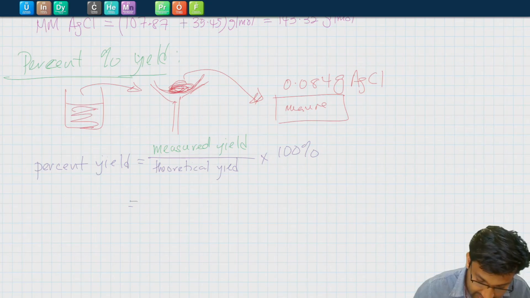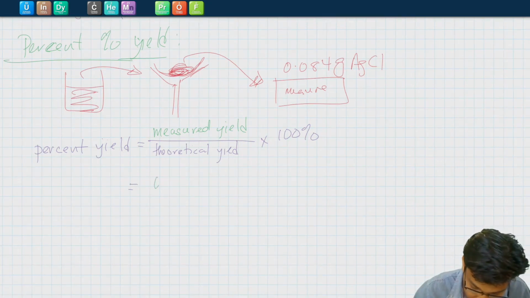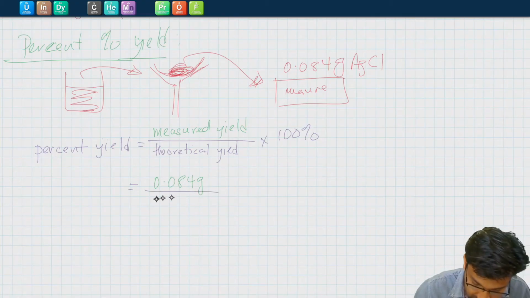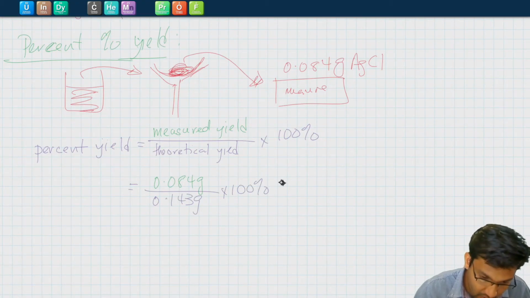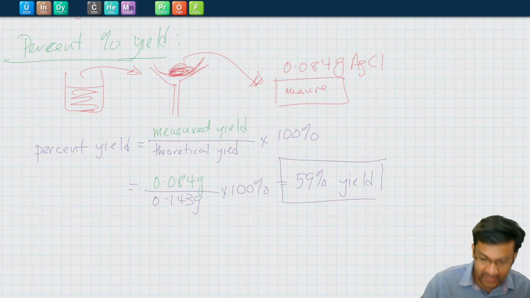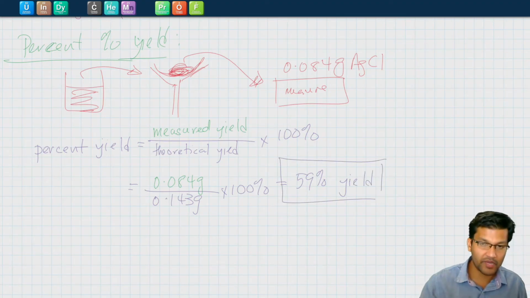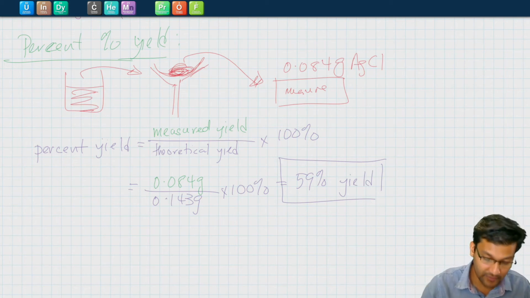In this example, our measured yield was 0.084 grams. Our theoretical yield was 0.143 grams, times 100%, and that will give us about 59% yield. So our percent yield is how much you actually got compared to how much you could have theoretically gotten from your theoretical yield.